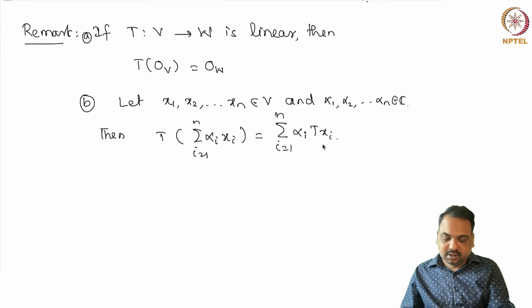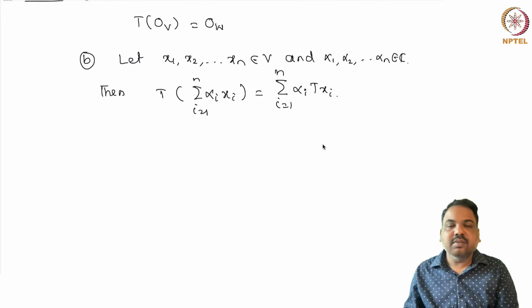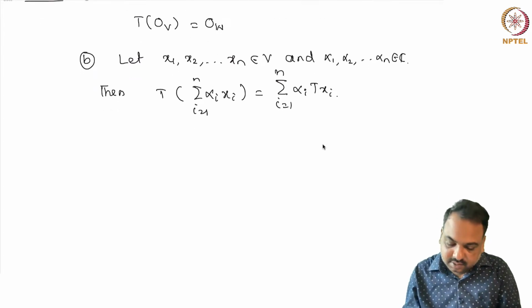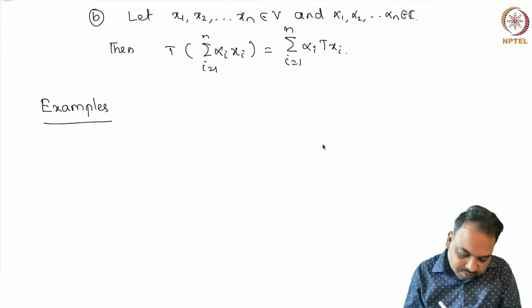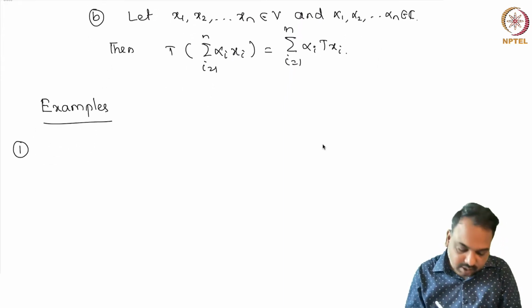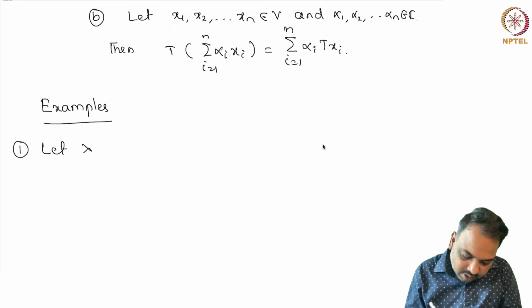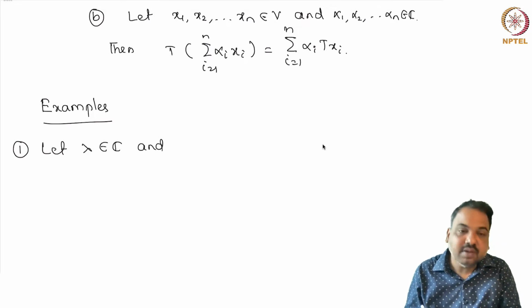Let us look at simple examples of linear maps that we already know. Let us take lambda to be a complex number and V a vector space.